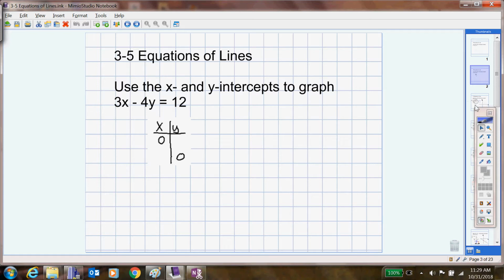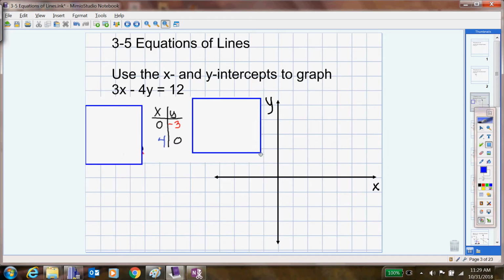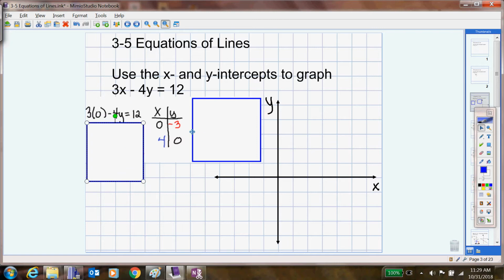So let's plug them in, just so that you can see that happening and you don't have to be overwhelmed with too much. We plug in 0 for x. 3 times 0 minus 4y equals 12. 0 minus 4y is negative 4y. And then divide by negative 4.